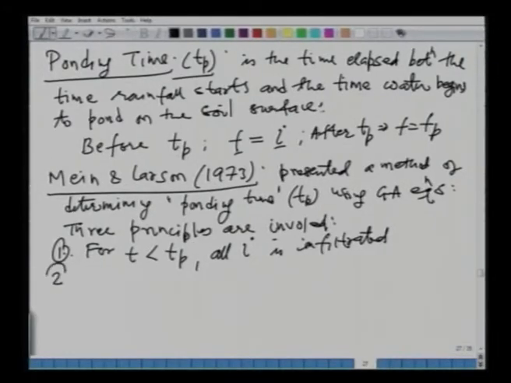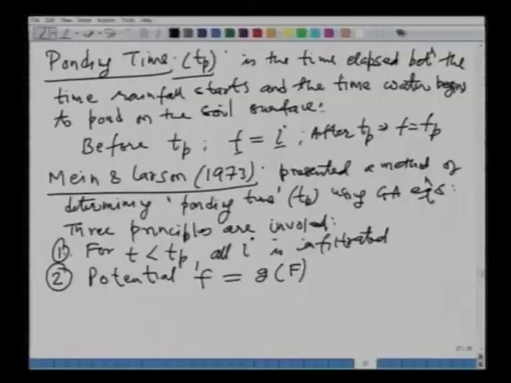Number 2 is that the potential f has some relationship with capital F. That is to say, you need an equation or expression which relates the infiltration rate with the cumulative infiltration. Okay, and we have that for the Green-Ampt equation. So, we are fine there.